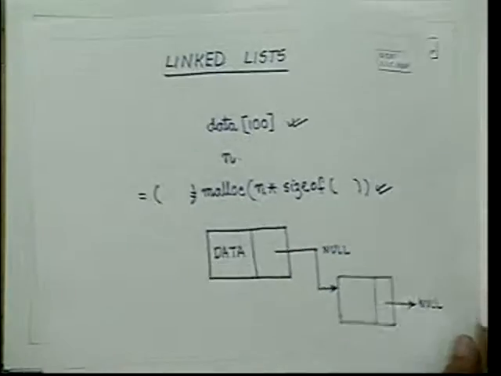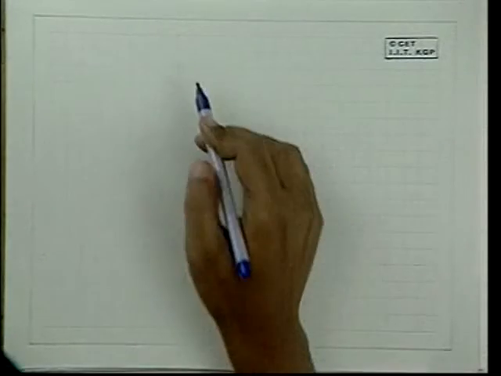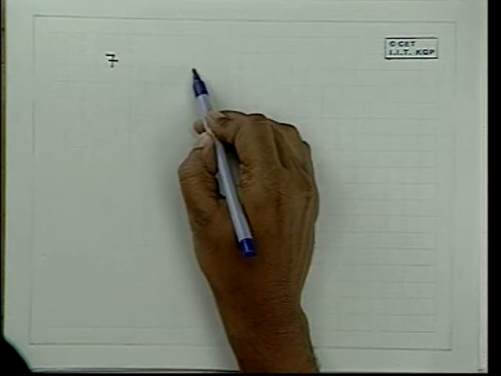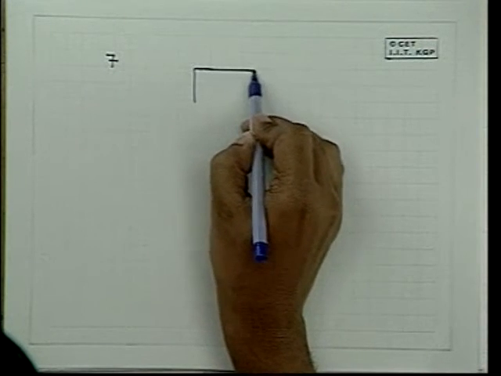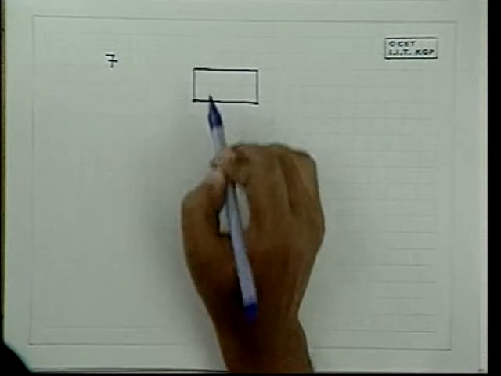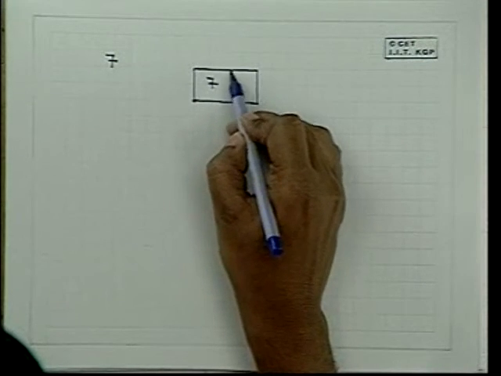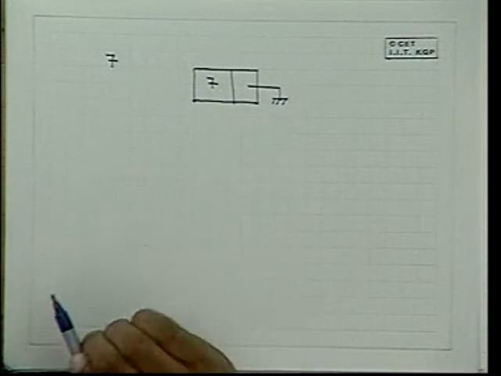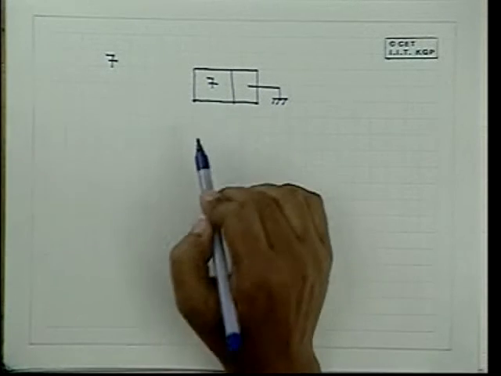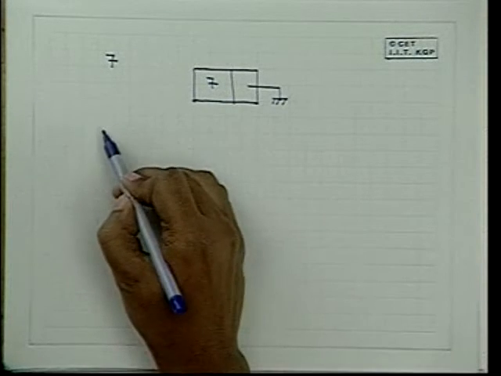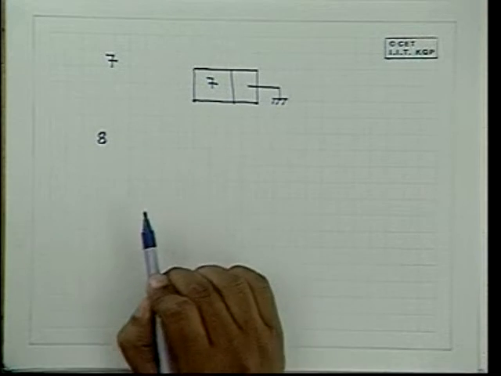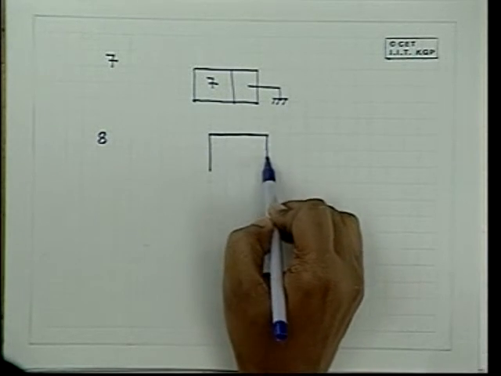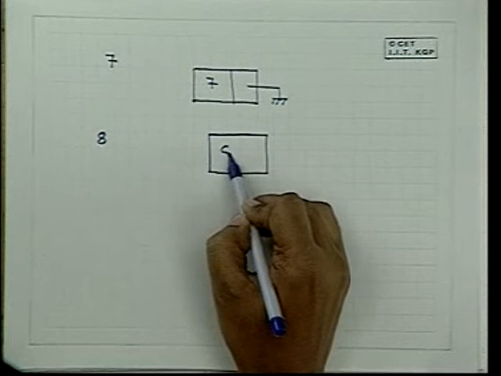So once we are able to design such a structure, suppose we read in the first number 7, then we will create, or we will dynamically allocate a structure like this, put the data value 7 and put this to be null. The next item which is read, suppose the next item read is 8, then we have two options. We will allocate another piece of data, make this 8.